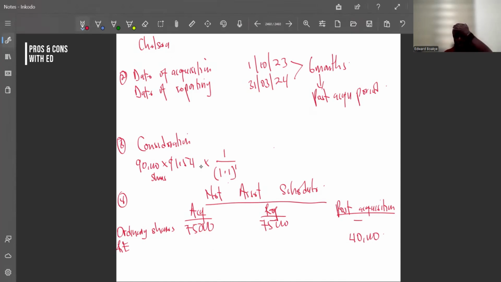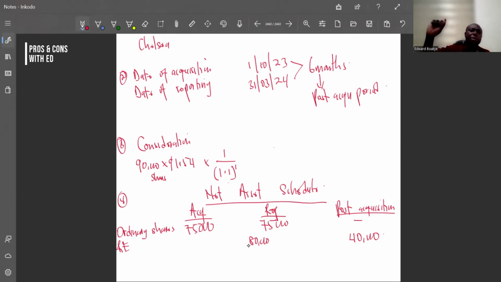Now we have our 40,000. The question is, what is the reporting profit? As at the time we are reporting, that whole profit of 80,000 will surely be there. It hasn't gone anywhere. So we first have a profit for this current year of 80,000.